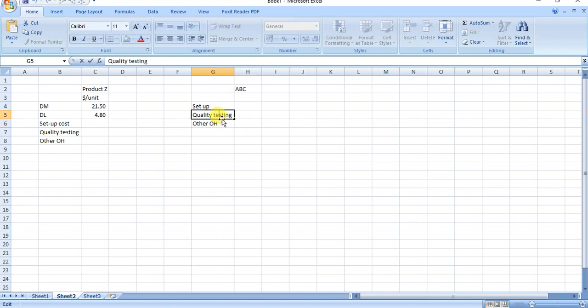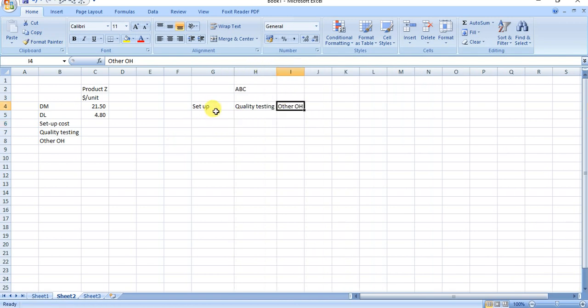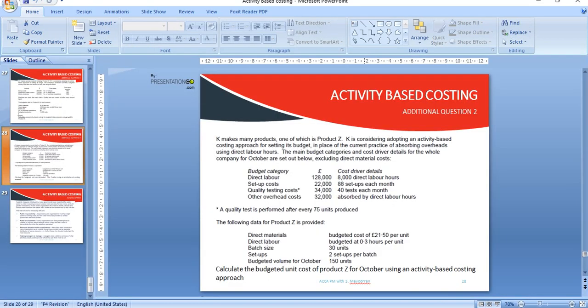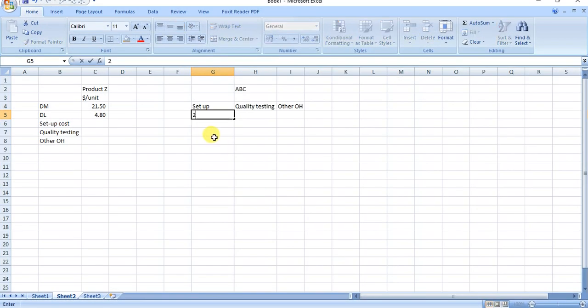Sorry, we usually do it in columns, isn't it? Okay, we'll take it into columns. Right. How much is the total overhead for each of them? Setup cost 22,000, 34,000, 32,000.